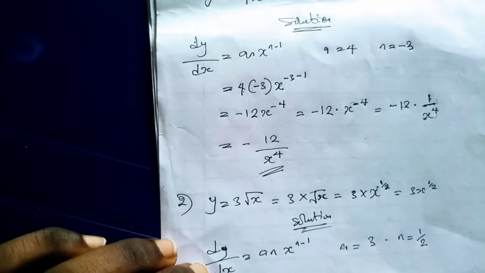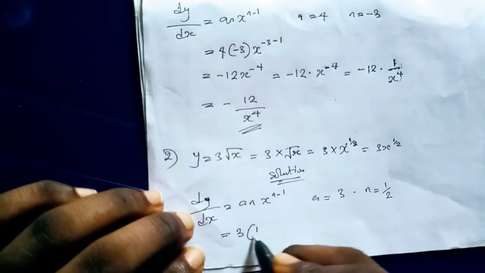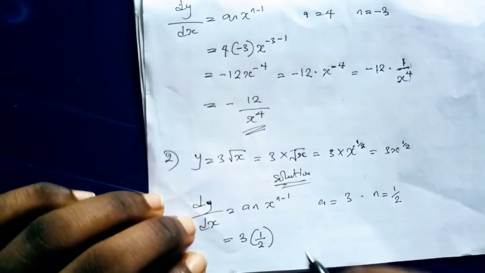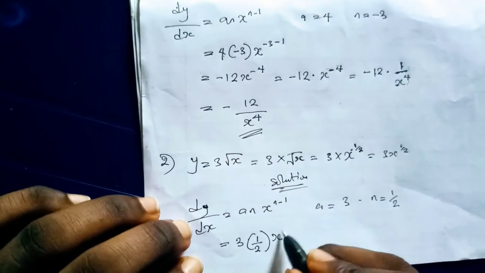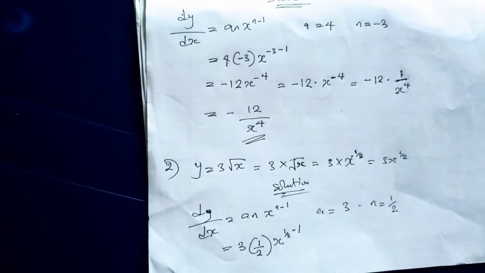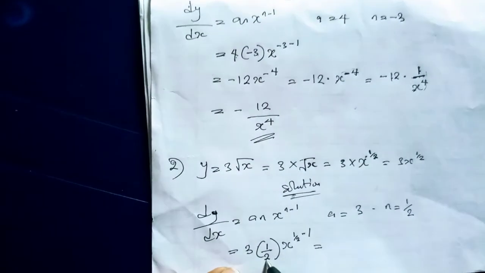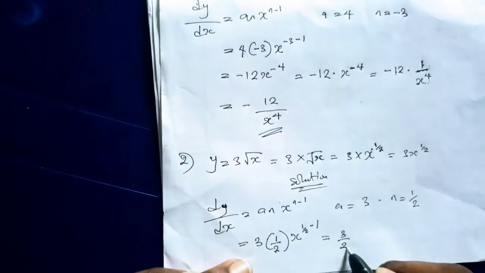So applying this rule, I will say 3, which is a, multiplied by half x raised to power half minus 1. Now, if you do your mathematics, you will see that 3 multiplied by 1 over 2 is 3 over 2.